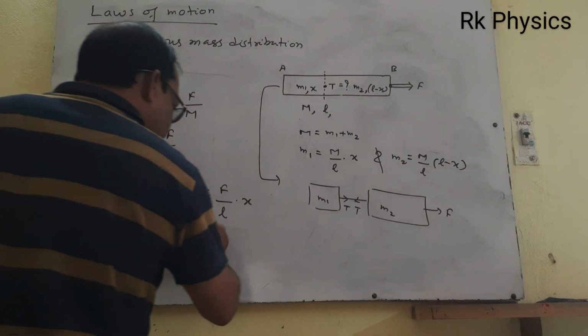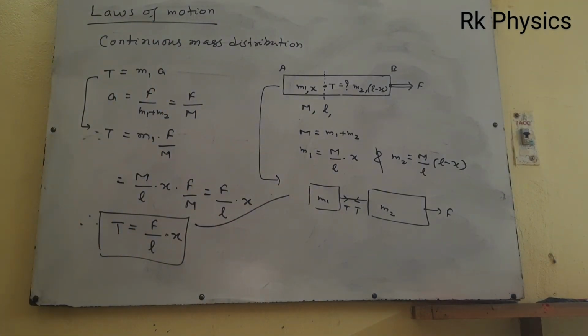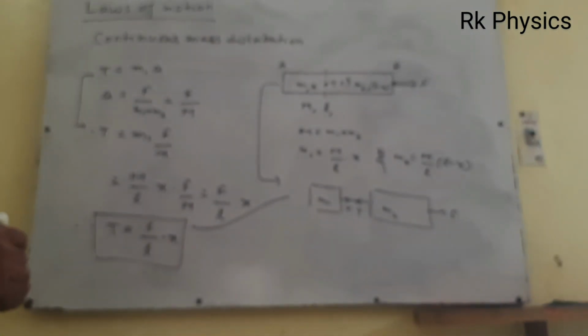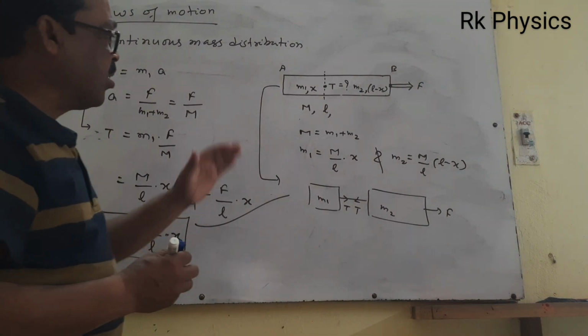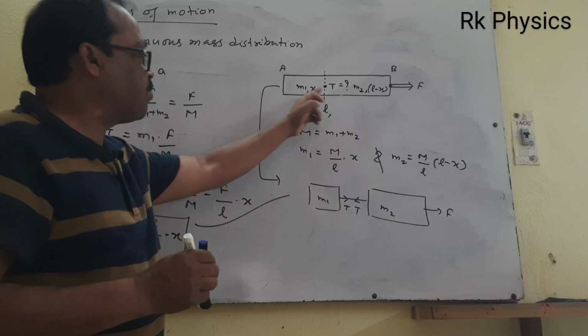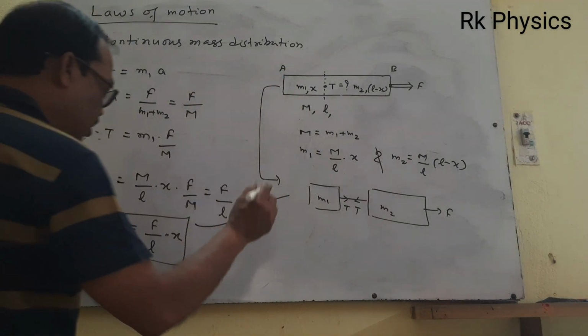Suppose a problem is given to you. Total length is L, and you find the tension at L by 3, one-third length from the left end.